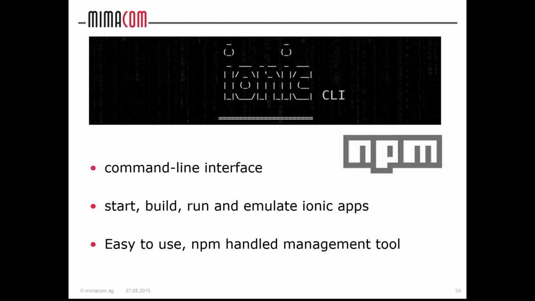The most important when you want to start is the Ionic command line interface. This is a tool which allows us to easily start, build, run applications, or even emulate, start an emulator.